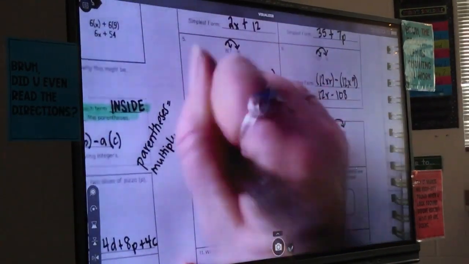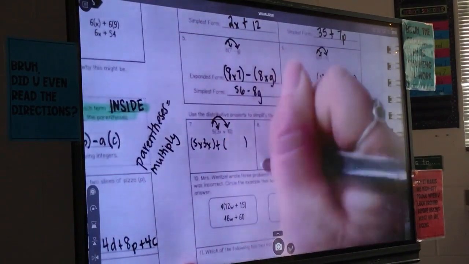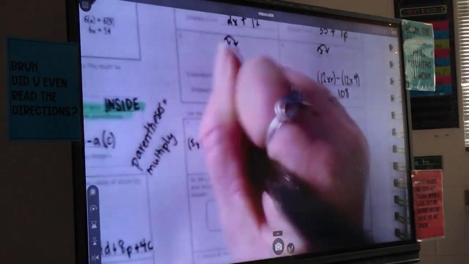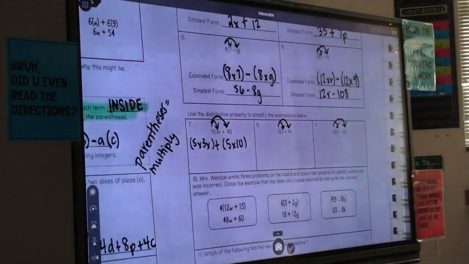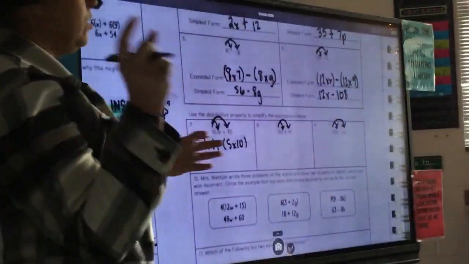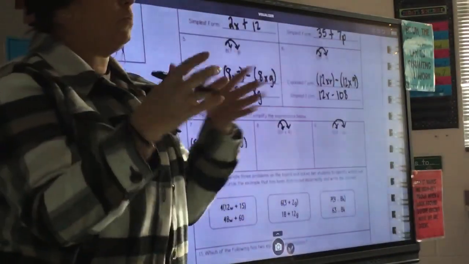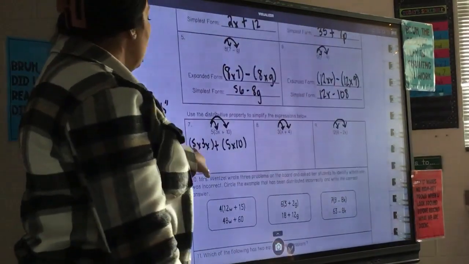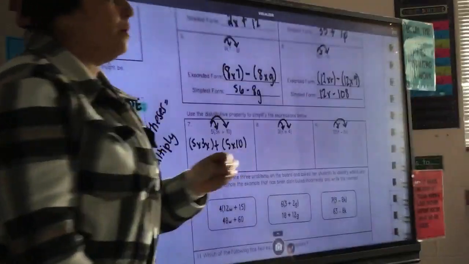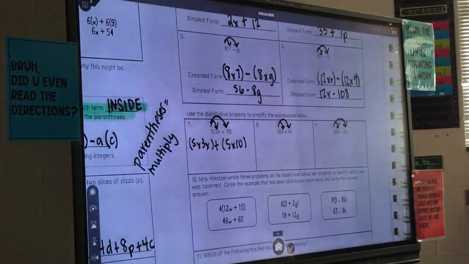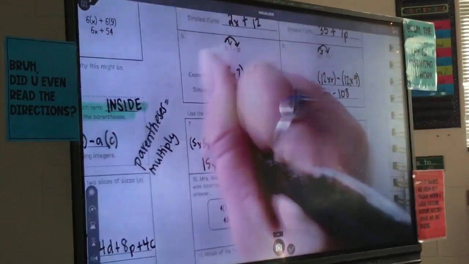And what goes in the last one? 5 times 10. All right, and I hope you guys realize, just like when we were combining like terms, you're only multiplying times the number. You're not multiplying times the variable. So we have 5 times 3, which is 15x, plus 5 times 10, which is 50.